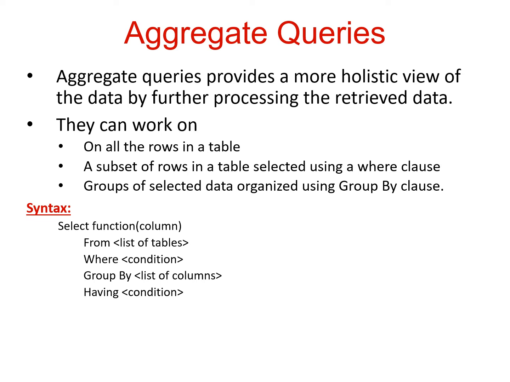Number three, groups of the selected data organized using the GROUP BY clause. Here I am showing the syntax. SELECT function, column FROM list of tables WHERE condition as you want, GROUP BY as per your need, HAVING as per your conditions.